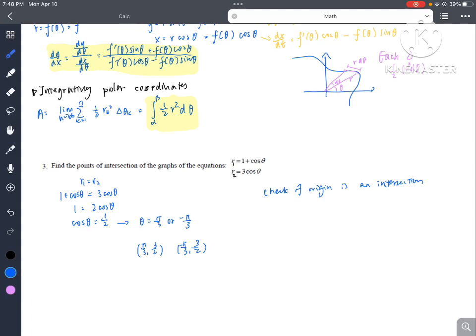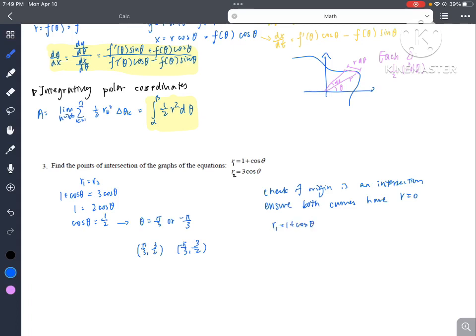Next, we should also check if the origin is an intersection. And how do we check it? Well, we just ensure both curves have r equal to 0, because if r is equal to 0, it passes through the origin.